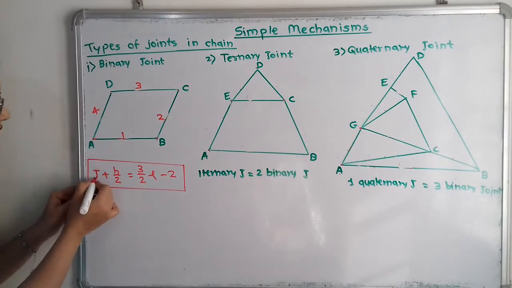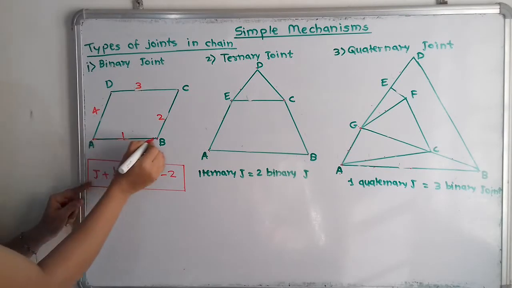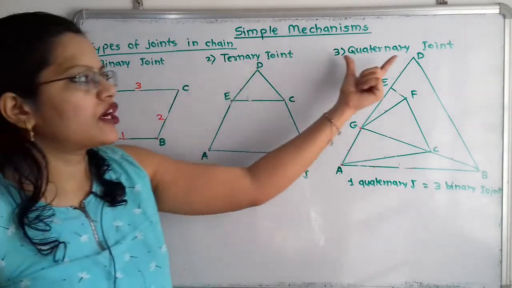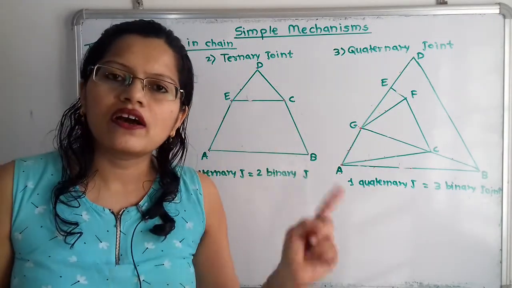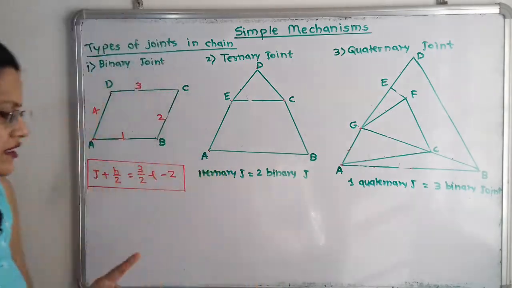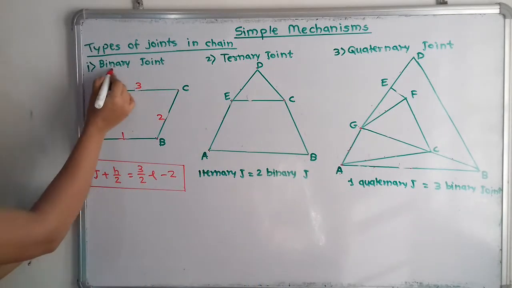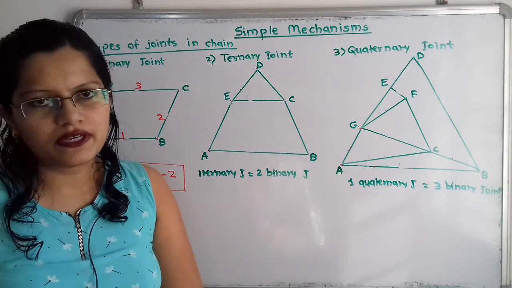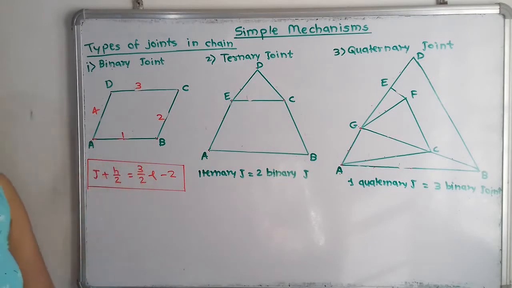Now what is this J? J is the number of binary joints. Whenever there is a ternary joint or quaternary joint, we have to convert it into binary joints, because here we have to take the value only for binary joints. Then H is the number of higher pairs and L is the number of links.